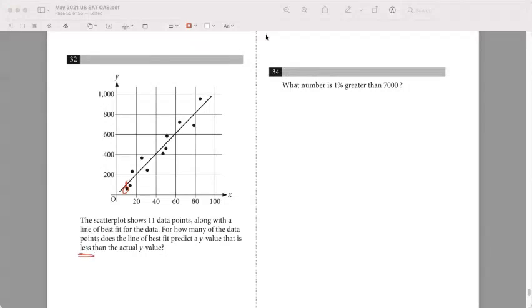That means I'm looking at points which are above the line, because for those points, the line of best fit predicts a value less than the actual value, correct? So how many such points? 1, 2, 3, 4, 5, right? So for 5 points, the y value predicted by the line of best fit is less than the actual y value. So the answer for this is 5.